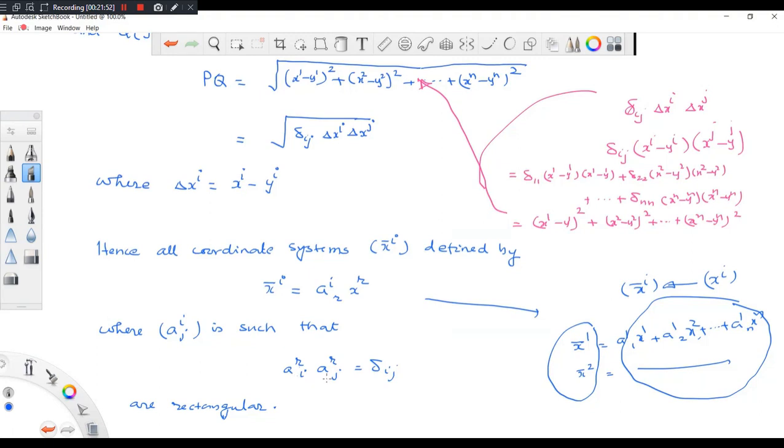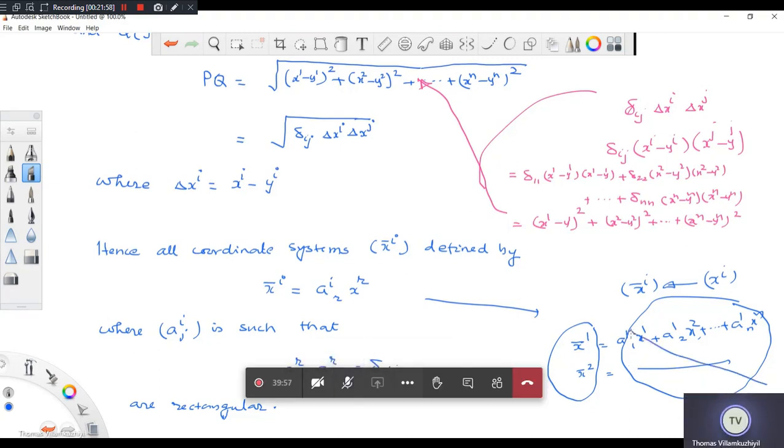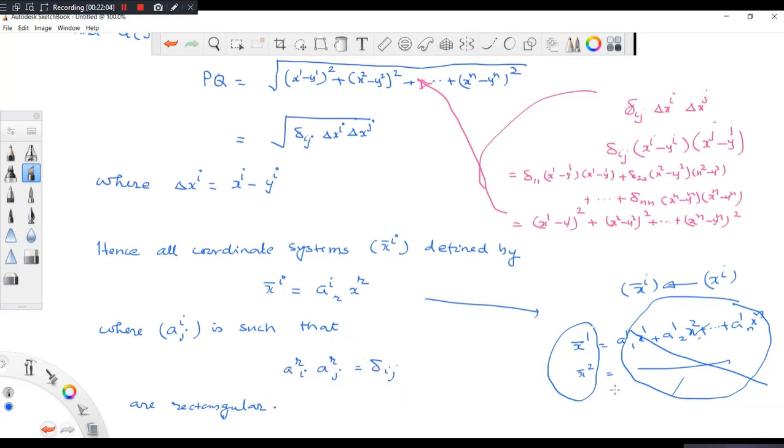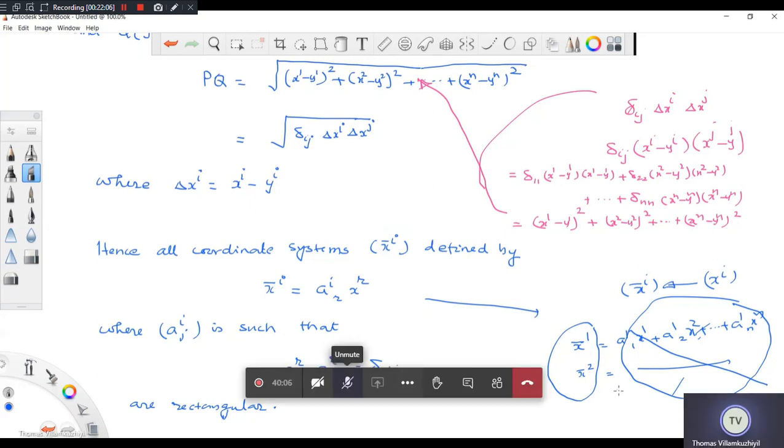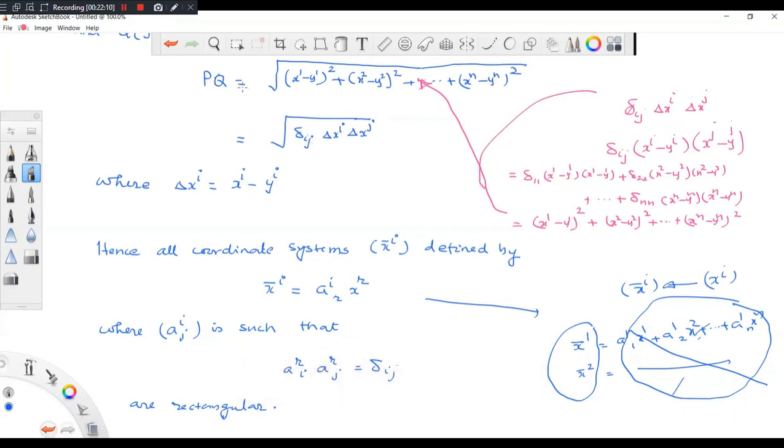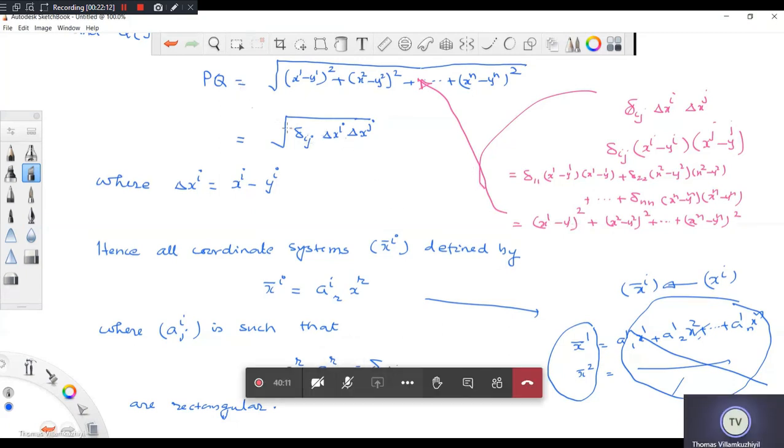A ri A rj is equal to delta ij, which means that only diagonal entries will exist. All the other entries will become 0. Then such a coordinate system is called a rectangular coordinate system, in which the distance between 2 points will always be in this particular form. So that is our usual distance notation.